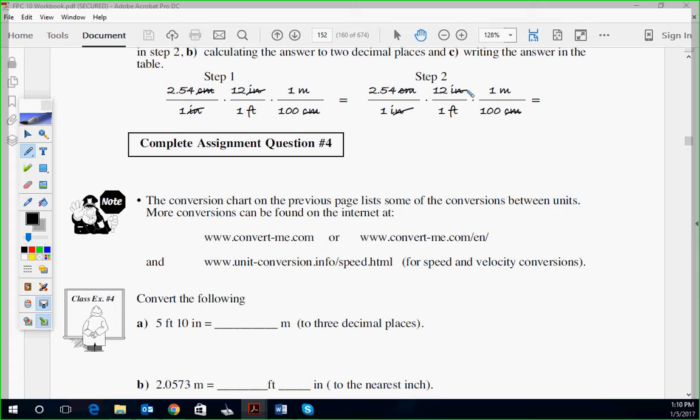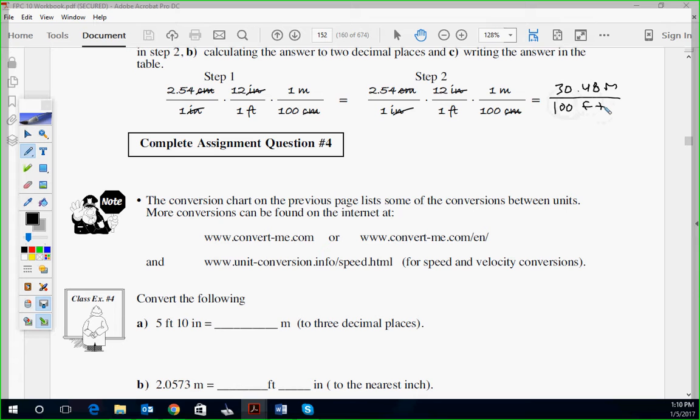And so next thing we're going to do is multiply straight across. So 2.54 times 12. Can someone do that for me? Is it 30.48? Yeah. Okay, good. So we have 30.48 meters over 100.